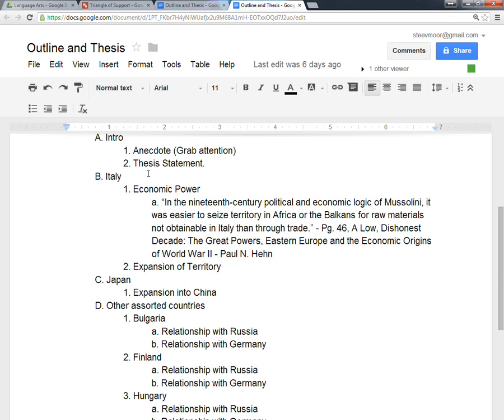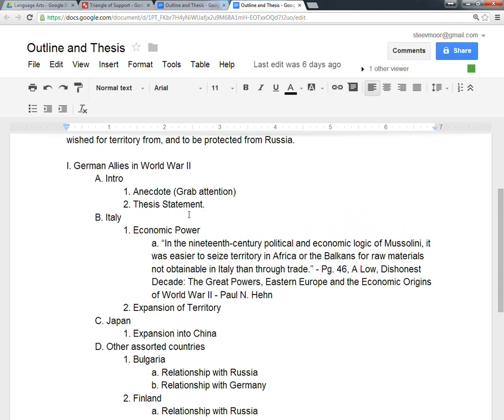So if I come down here, I see that Italy, economic power. In the 19th century political and economic logic of Mussolini, it was easier to seize territory in Africa or the Balkans for raw materials not obtainable in Italy through trade.